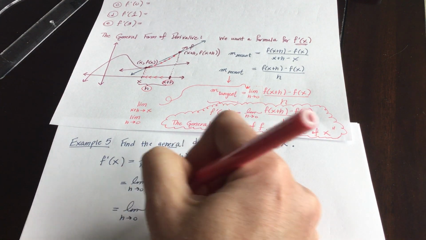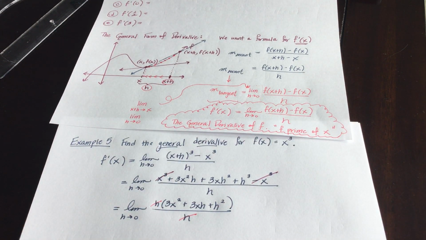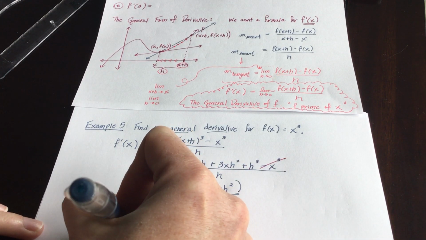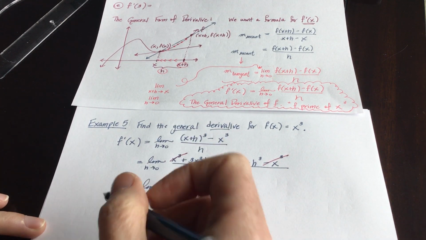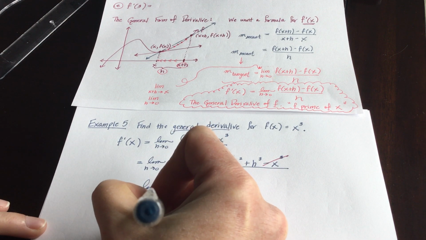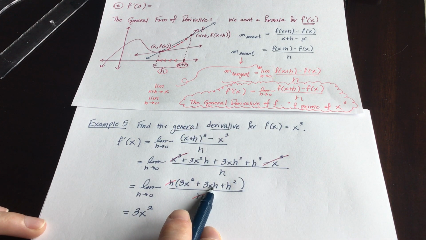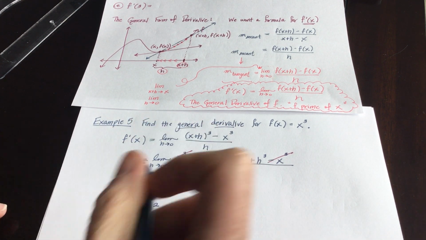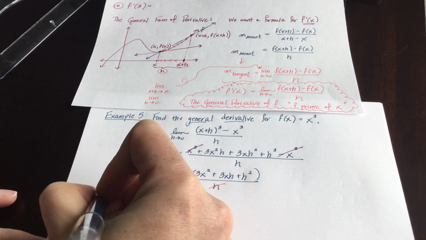And bye-bye indeterminate form. And then if you let the remaining h's go to 0, let's see what we get. We'd have 3x squared, but then 3x times 0 plus 0 squared, all this stuff would go to 0, which means your general derivative of f in this case is 3x squared.